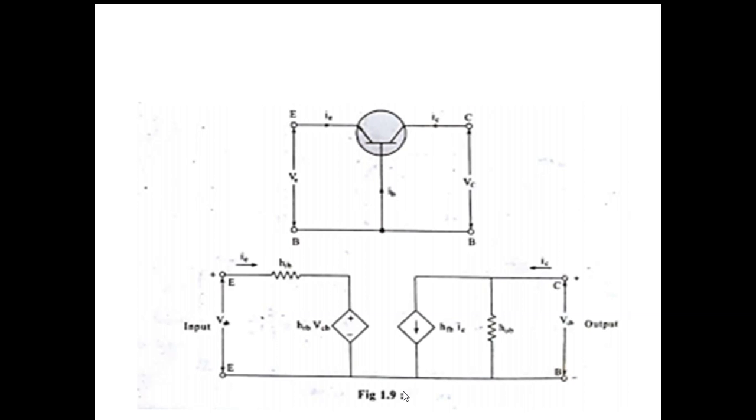The transistor is now taken as a two-port network. From the two-port network, we have defined four hybrid parameters: H11, H12, H21, H22.